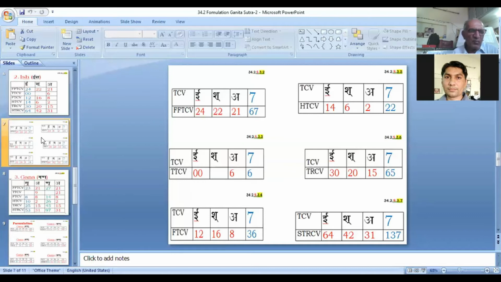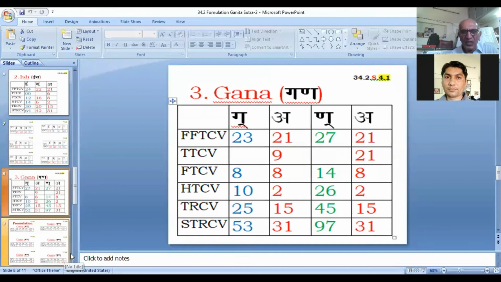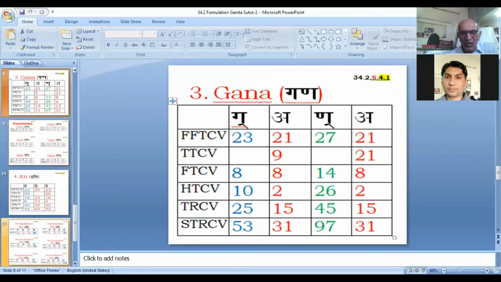The third formulation, Gana, is the formulation which also avails quadruple letters and 6 inner fold values of these quadruple letters, as tabulated as sheet 4.1.